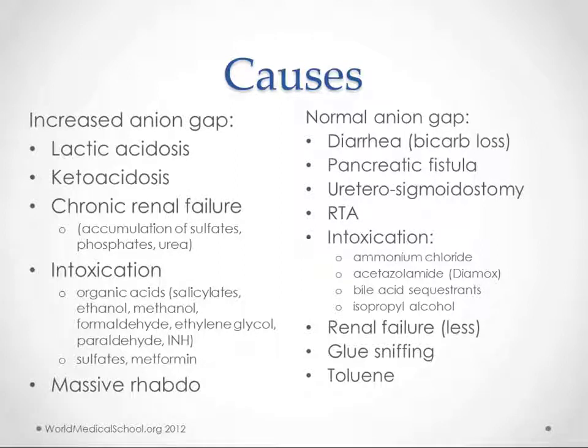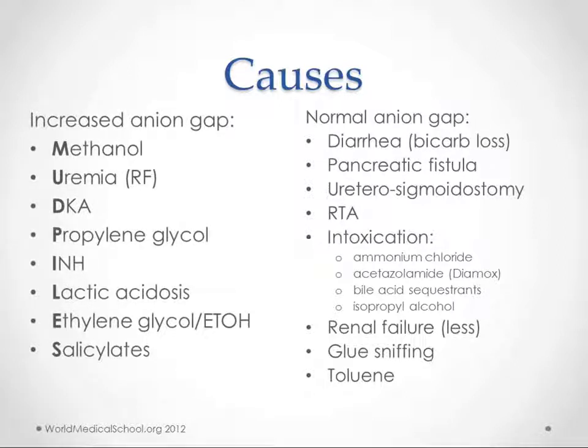In a normal anion gap would be like diarrhea, because we're losing bicarb, pancreatic fistula, ureterosigmoidostomy, renal tubular acidosis, which we're going to talk about in a different video, intoxication, like ammonium chloride, acetazolamide, bile acid sequestrants, isopropyl alcohol, and renal failure, or glue sniffing, toluene.